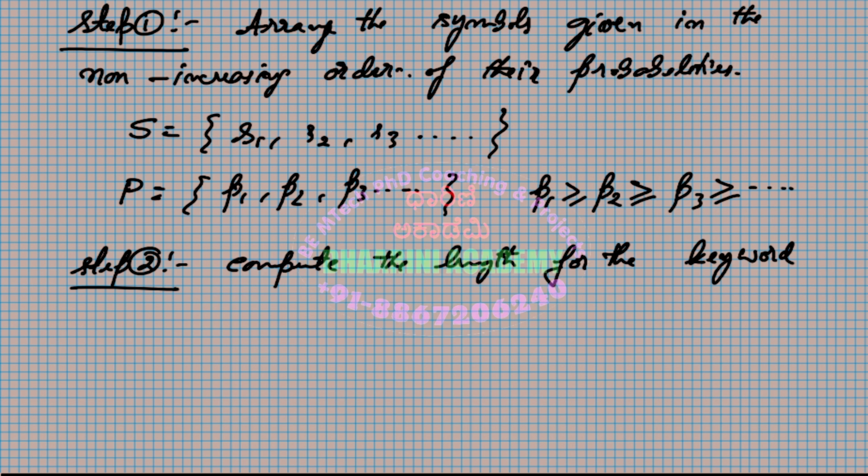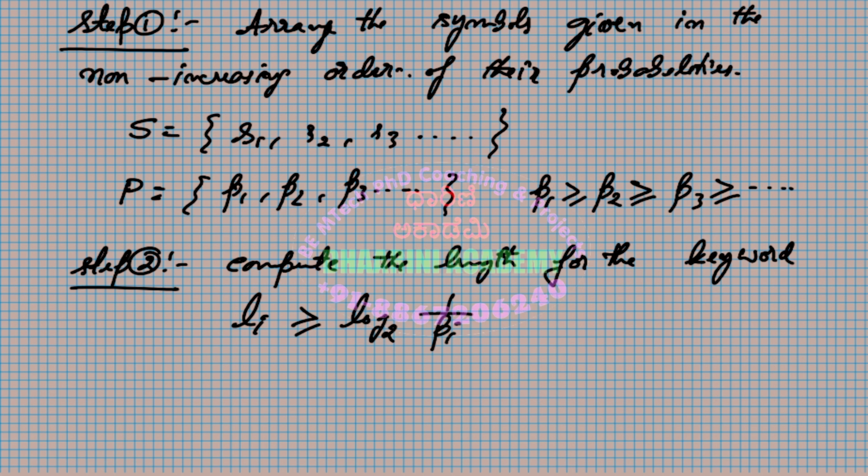The length Li should be greater than or equal to the log to the base 2 of 1 by Pi. I have to find the minimum value of Li such that Li is greater than or equal to log to the base 2 of 1 by Pi. That will be step number 2. I'll make you understand this step when we solve the problem.